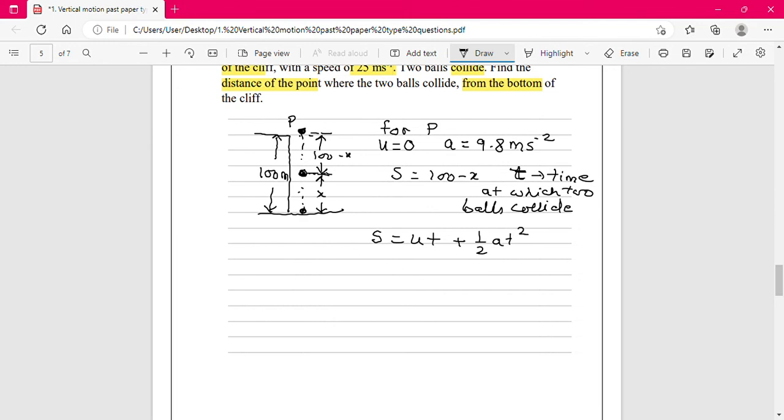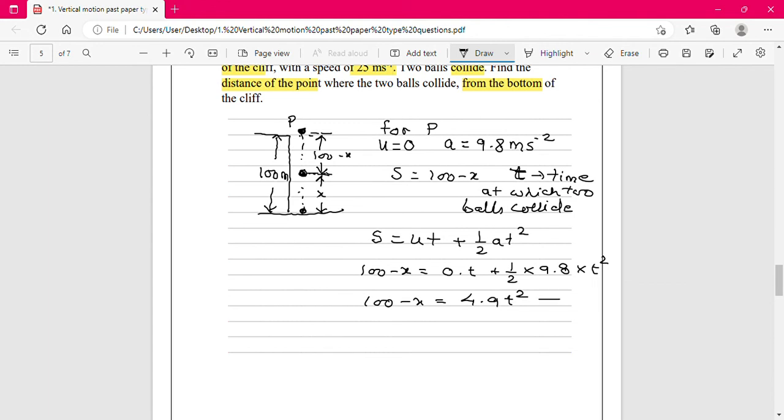Now in this case, s is 100 minus x, u is 0. So 0 into t plus half into 9.8 into t square. So we get 100 minus x is equal to 4.9 t square.